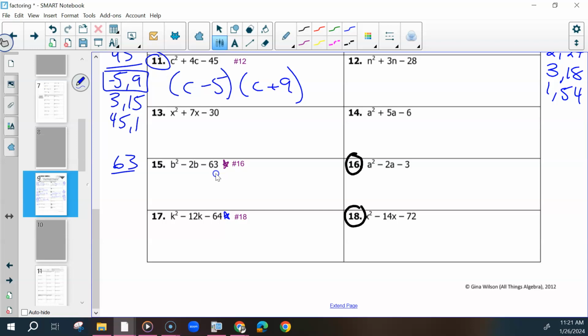63 and 1, yes. 7 and 9, and what else? We're doing number 15. I think there's at least one more. 21.